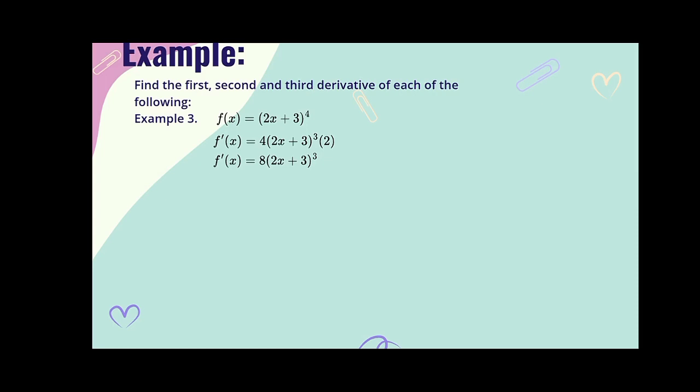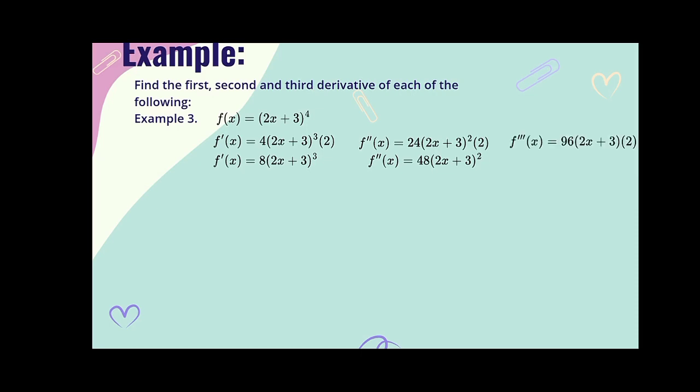In our second derivative, we multiply 3 to 8, which equals 24, and copy the quantity 2x plus 3 and subtract from the exponent. 3 minus 1 equals 2, times the derivative of 2x plus 3, which is 2. Then simplify: 24 times 2 equals 48, and copy the quantity 2x plus 3 raised to 2.